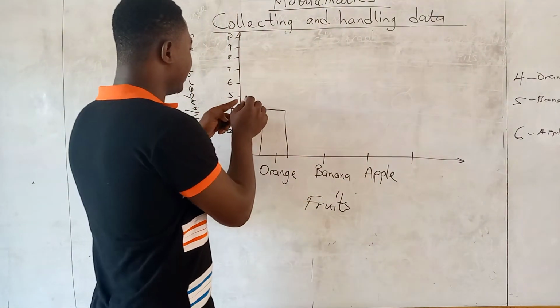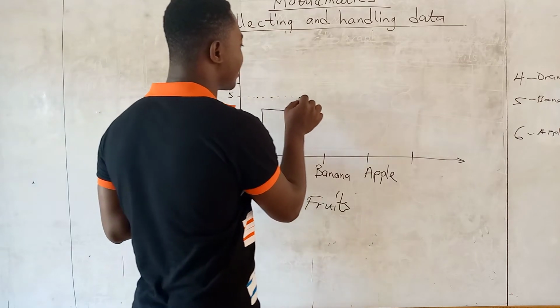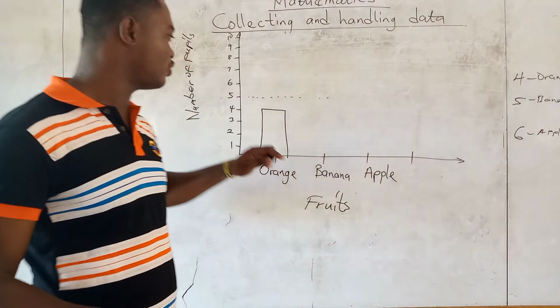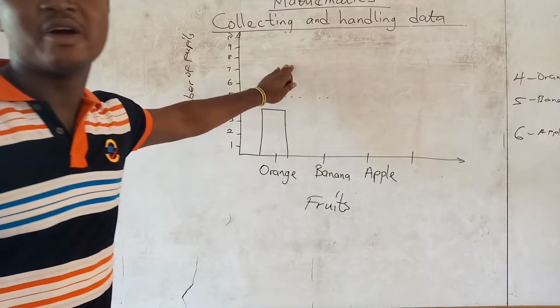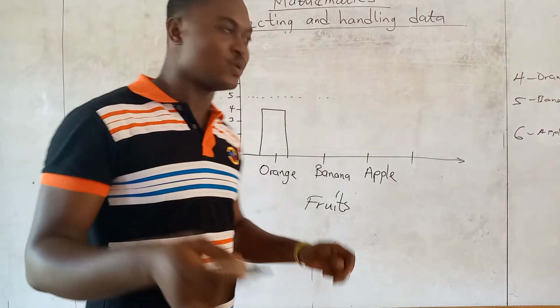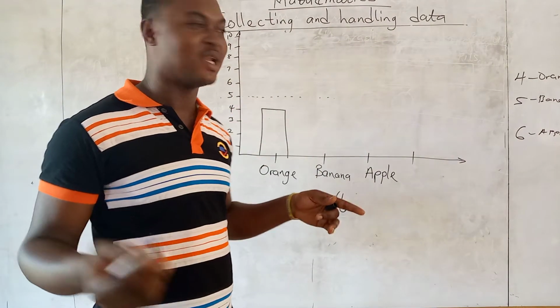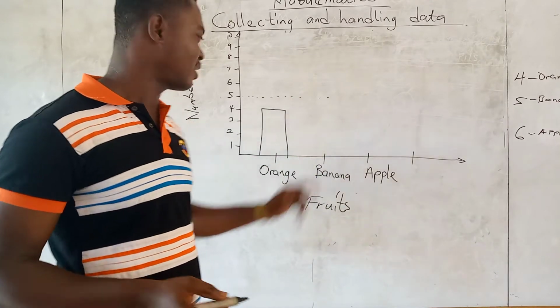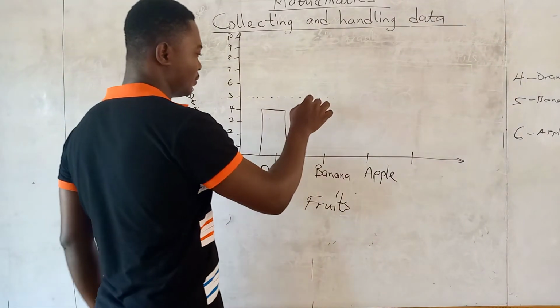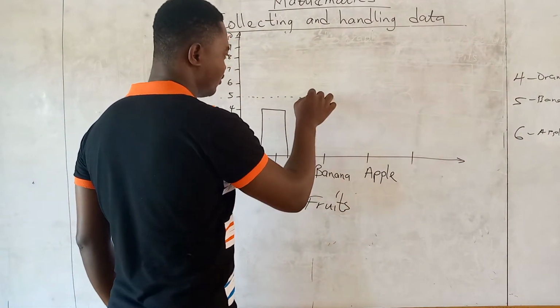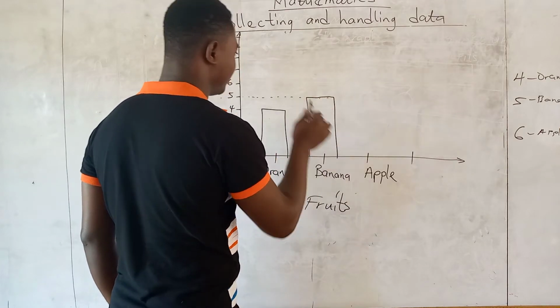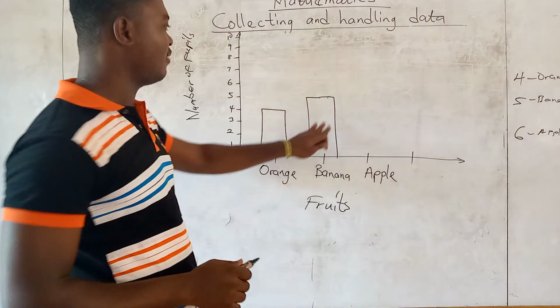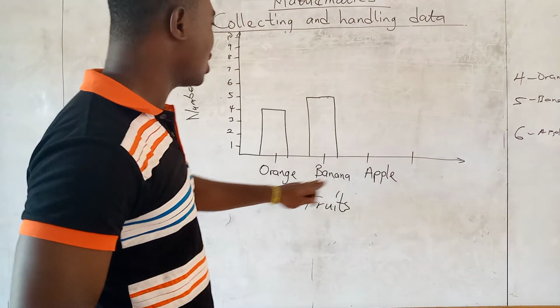So 5 is here. If you are using a graph sheet, that's what we usually use to draw this. There are lines there already. If you are using an exercise book, there will be lines there. I'm using a board, there's no line, so that's why I brought this dot. So banana, 5 people. What about apple?